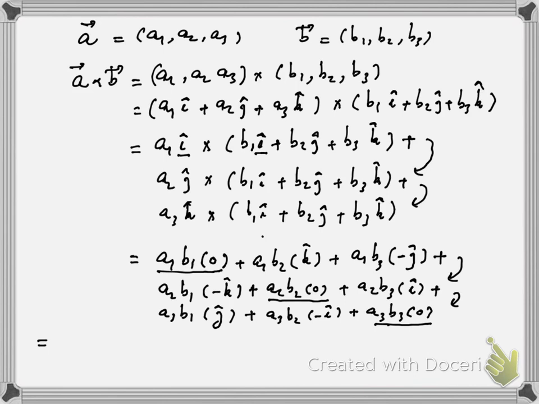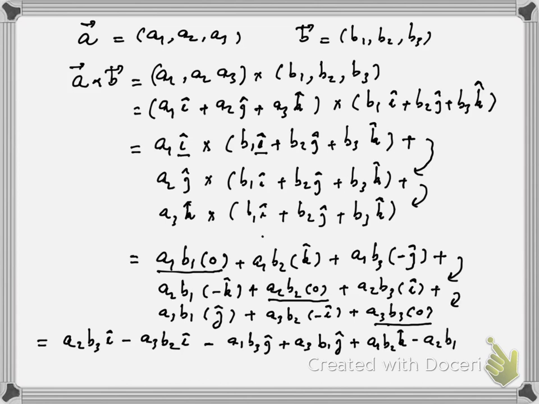Now we are left with only A2B3 I cap minus A3B2 I cap minus A1B3 J cap plus A3B1 J cap plus A1B2 K cap minus A2B1 K cap.